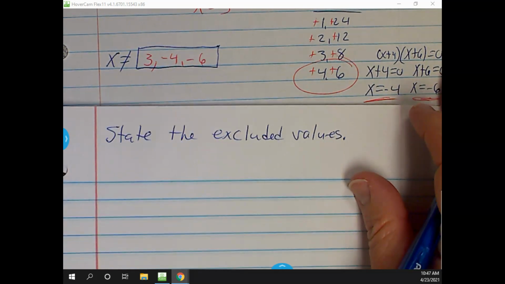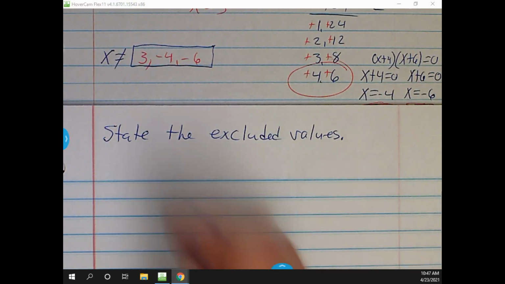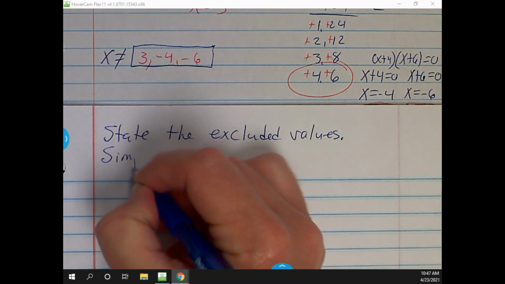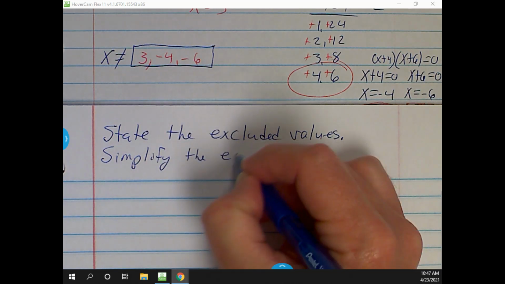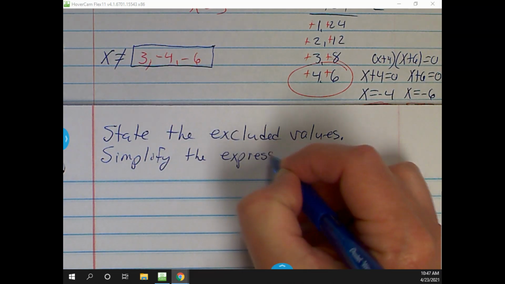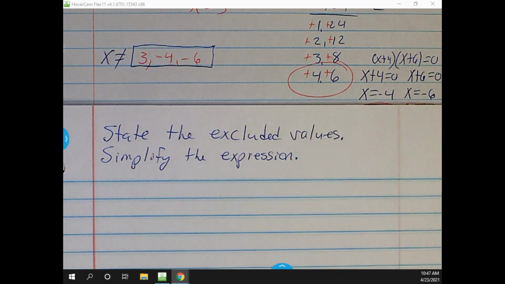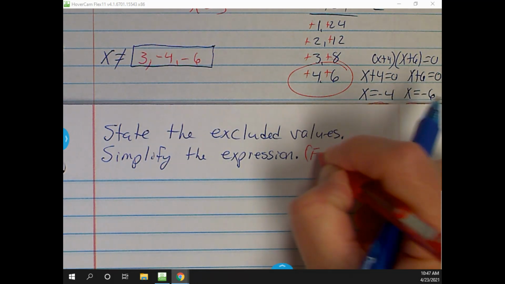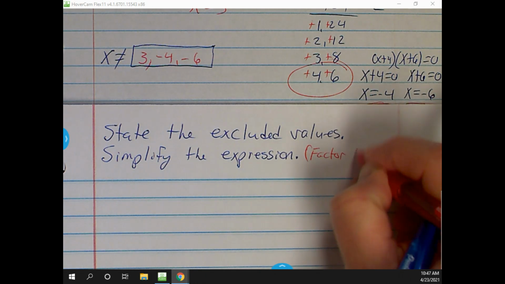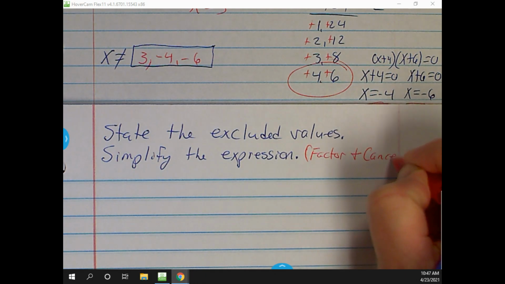But at the same time after that, they're also going to say that they want you to simplify the expression. Okay. And whenever they say simplify, it really means 2 things. That means you have to factor and then cancel.